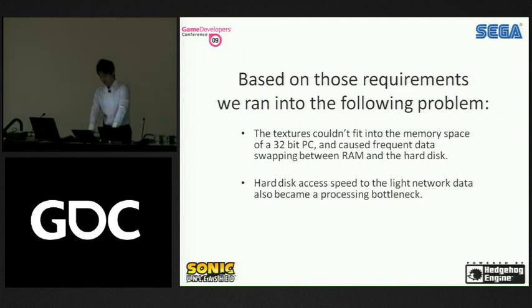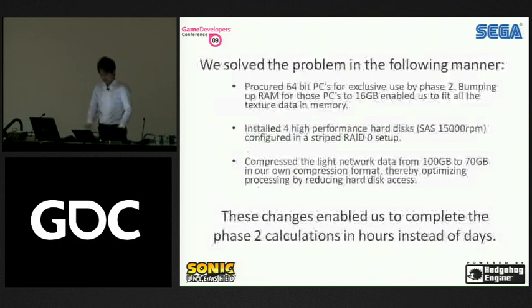With the 32-bit PC, we couldn't put the texture in memory. There is always swapping between memory and hard disk. In the light network, accessing the hard disk takes forever. It was a bottleneck. So we decided to use 64-bit PCs, and we increased the memory to 16 gigabytes.